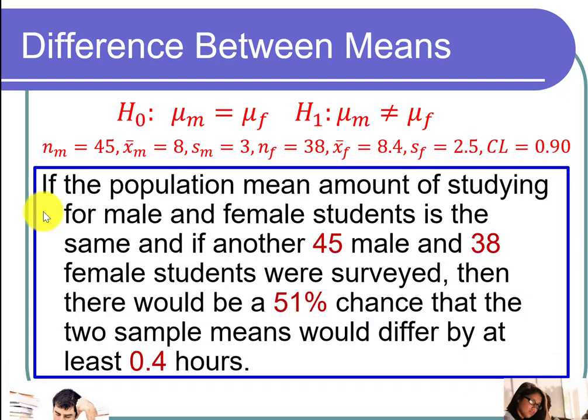We can also interpret the p-value. If you remember, the p-value is about 0.51 or 51%. And the way we interpret it is the following.